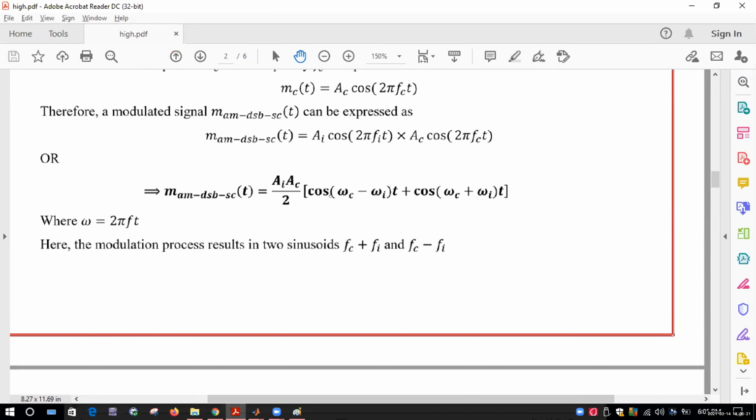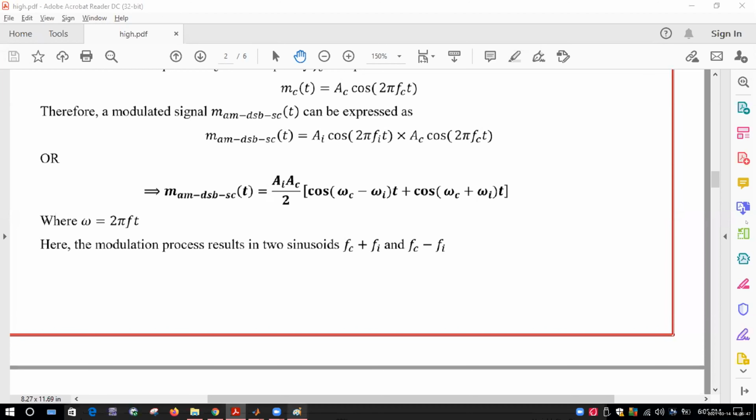Look, we have got two frequencies, omega C is the carrier and omega I is the information signal. So two frequencies are subtracted, two frequencies are added. Do we have the carrier here only? We don't. We have carrier plus information signal, carrier minus information signal.